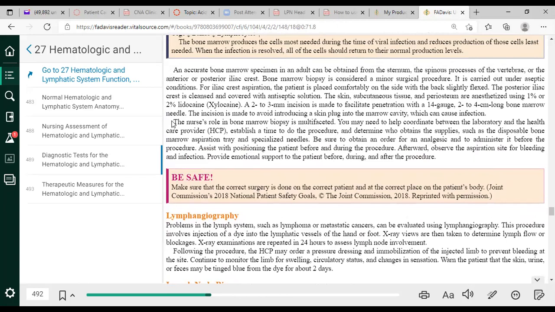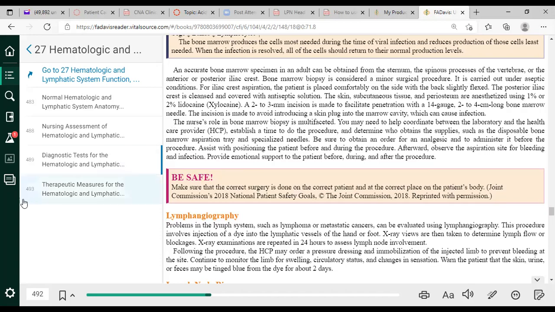You may need to help coordinate between the laboratory and the health care provider, establish a time to do the procedure, and determine who obtains the supplies, such as the disposable bone marrow aspiration tray and specialized needles. Be sure to obtain an order for an analgesic and to administer it before the procedure. Assist with positioning the patient before and during the procedure. Afterward, observe the aspiration site for bleeding and infection. Provide emotional support to the patient before, during, and after the procedure.